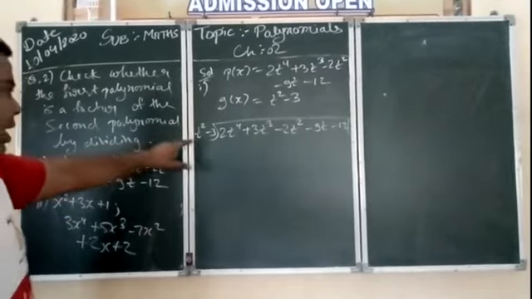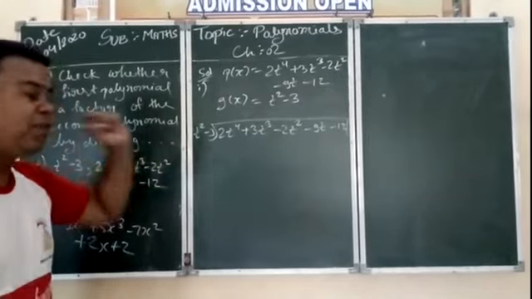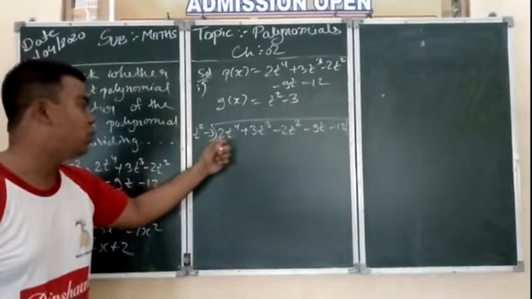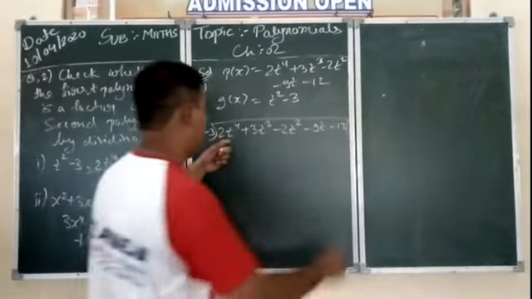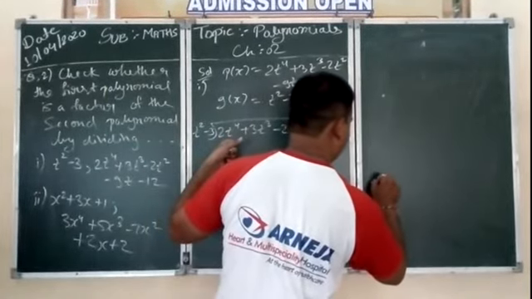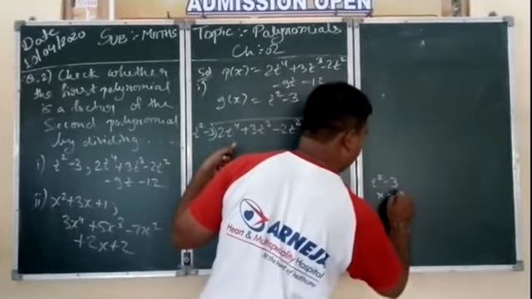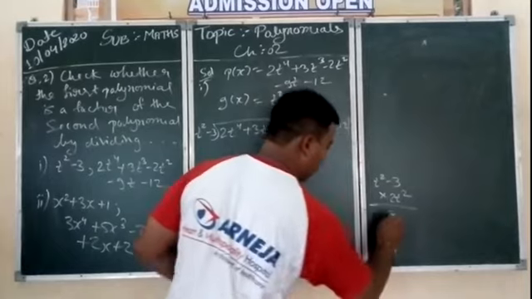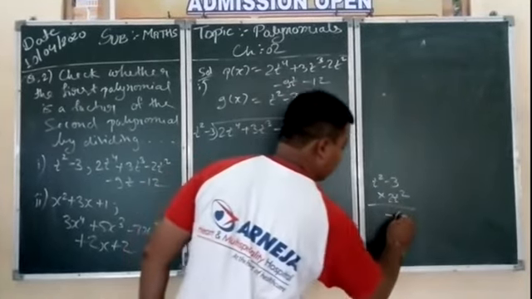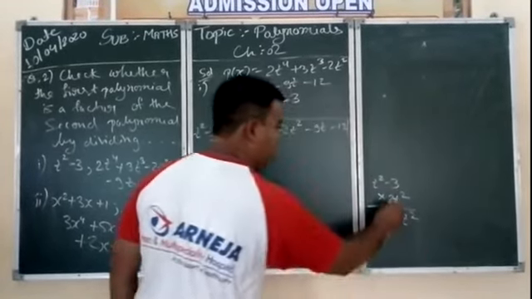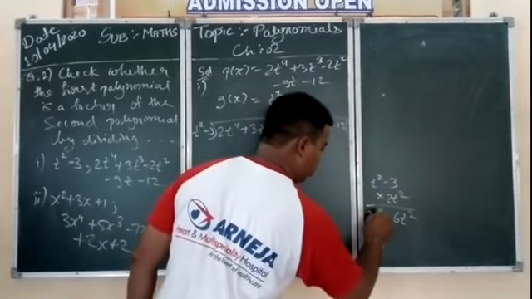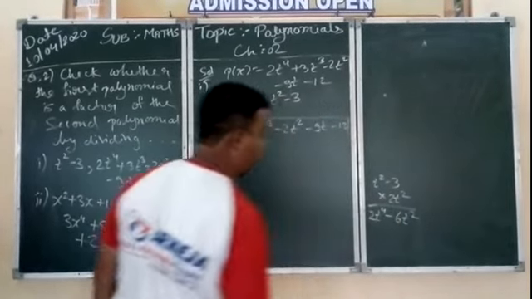What do we multiply t square minus 3 by to get 2t raised to power 4? We multiply by 2t square.